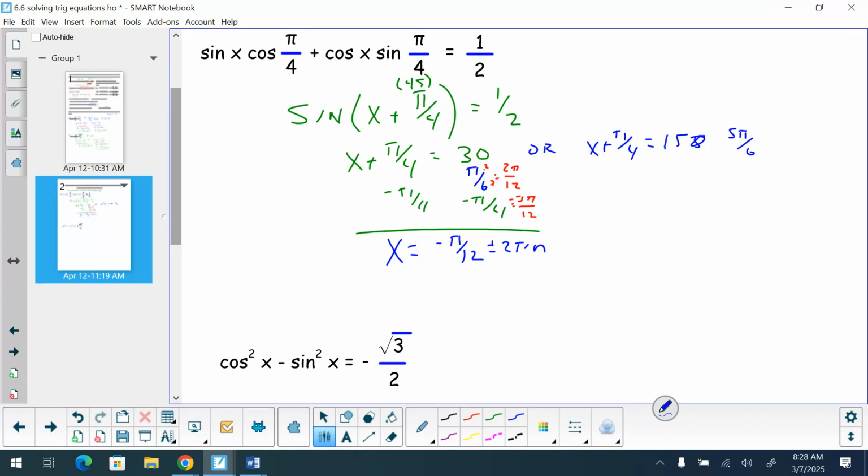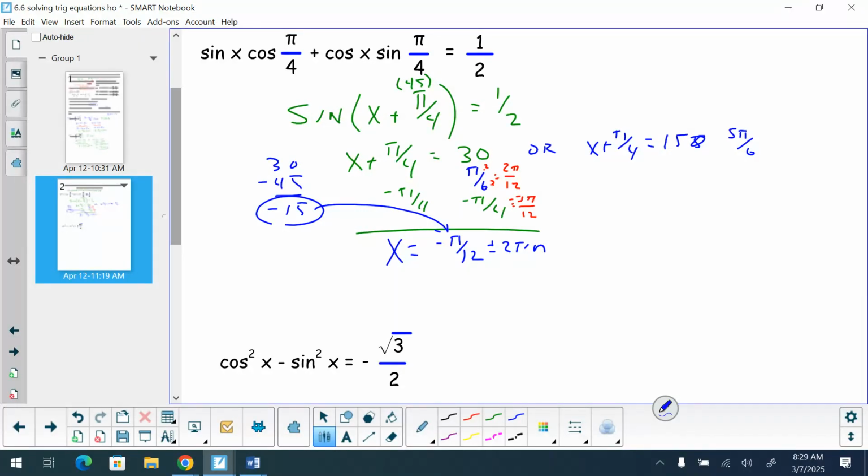Now, if you want to keep this in degrees, I could subtract 45 and get negative 15 degrees, and then convert negative 15 degrees back into negative pi over 12. You have a choice what you want to do. You could keep it in terms of radians and just subtract your fractions.